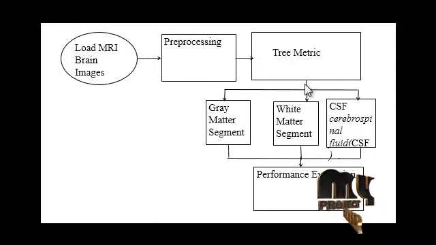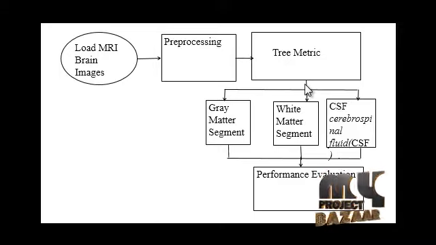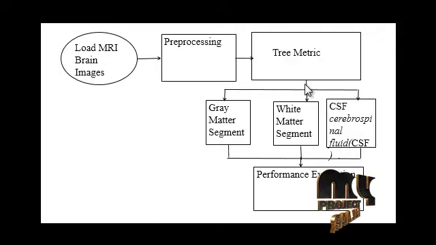Next, we will go for the tree metric algorithm sweep. We have generated a tree of labels that represents the tree metric distance function D. We apply the TM algorithm to the brain MRI image, the tree of labels, and the smoothness parameter lambda greater than or equal to 0. And then we will go for tree cutting. The labeling returned by the TM algorithm does not directly correspond to the tissue classes in the brain.